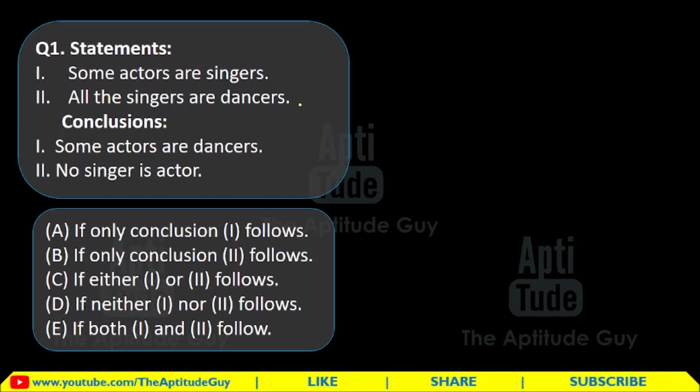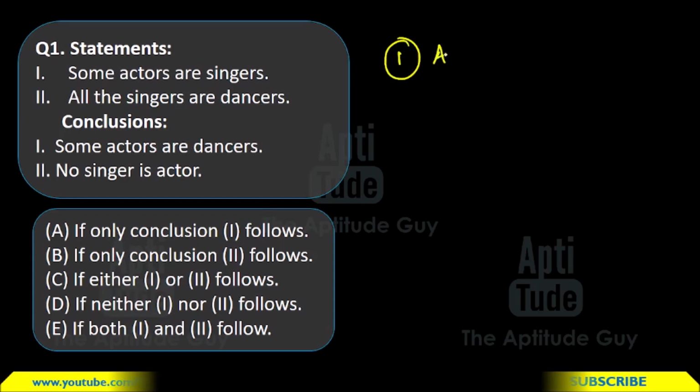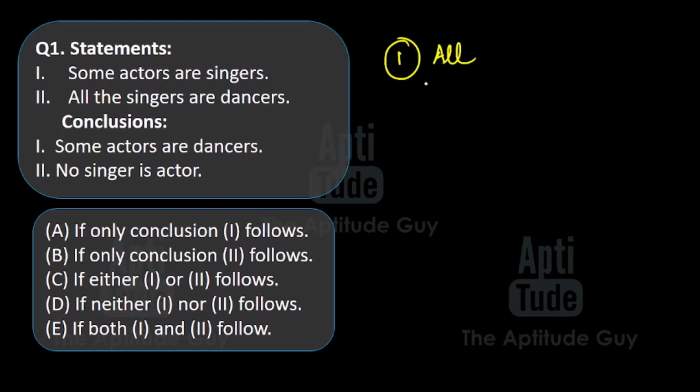Now there are 2 points that you have to definitely remember when it comes to syllogisms. The first point is that you have to draw the Venn diagram considering all the possibilities. Every single possibility you need to think of. And the second point is that a conclusion is true if and only if it satisfies all the possibilities.